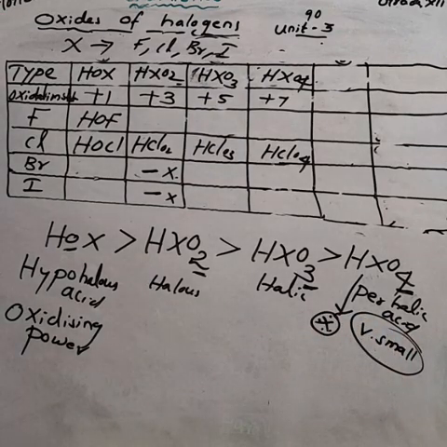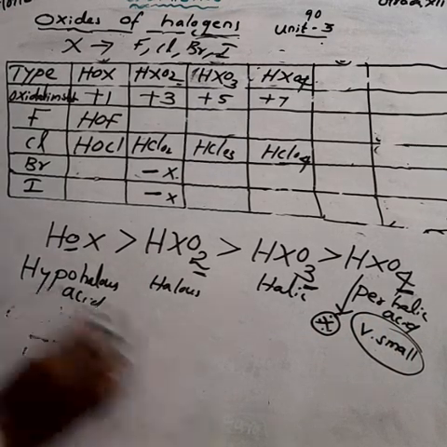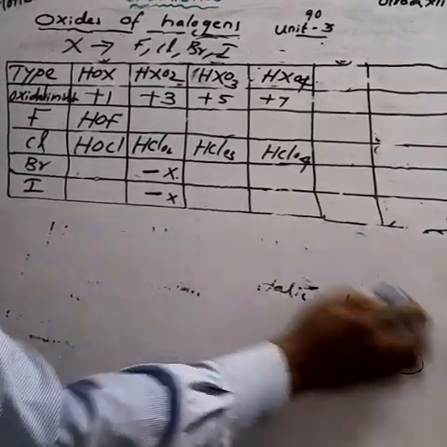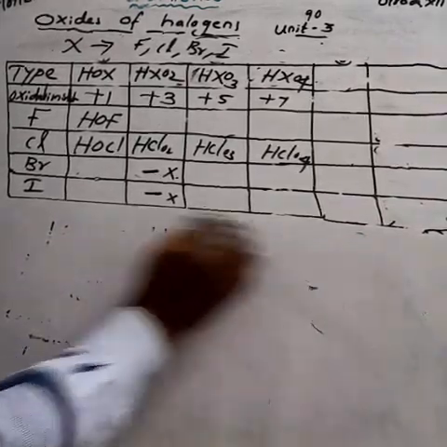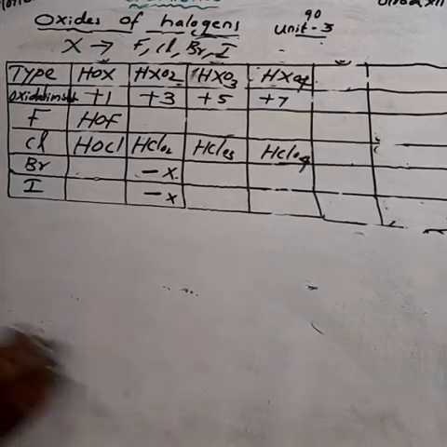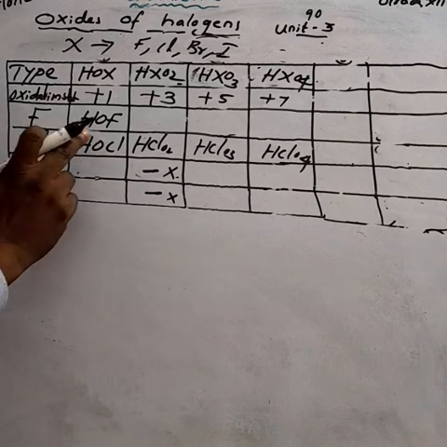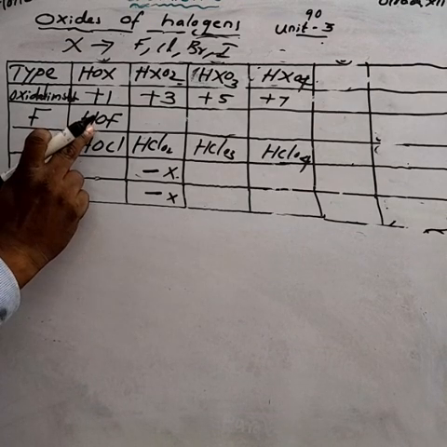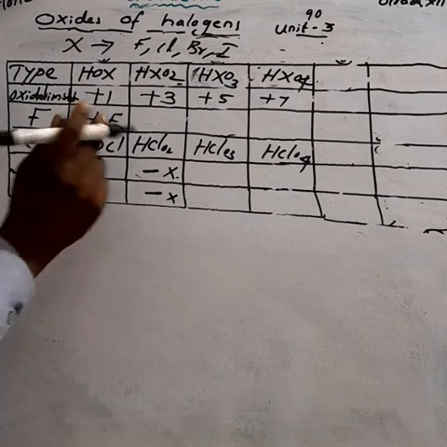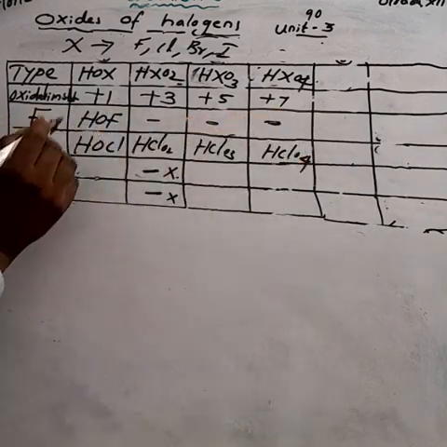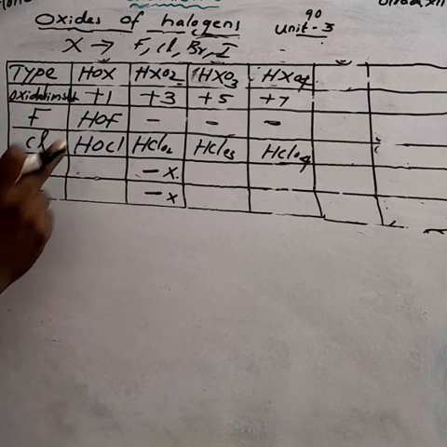Next, come to the examples. What are the examples of oxoacids of halogen? First, I am taking fluorine. Fluorine has only one oxoacid of halogen. Don't forget that. That is the first type, HOX.